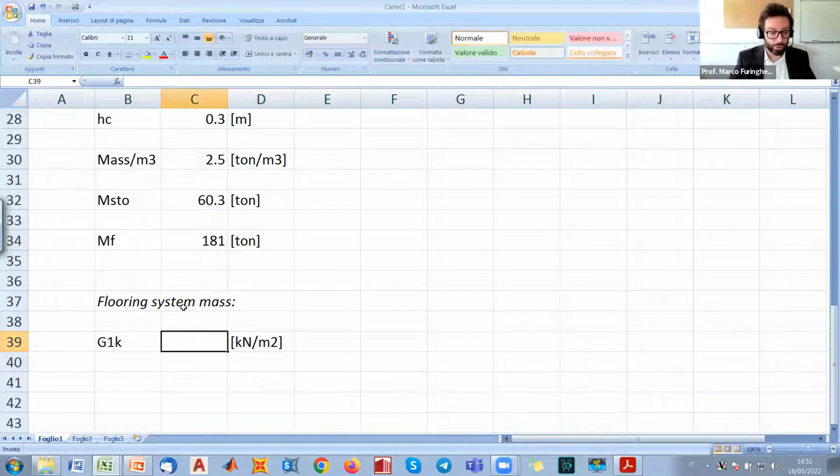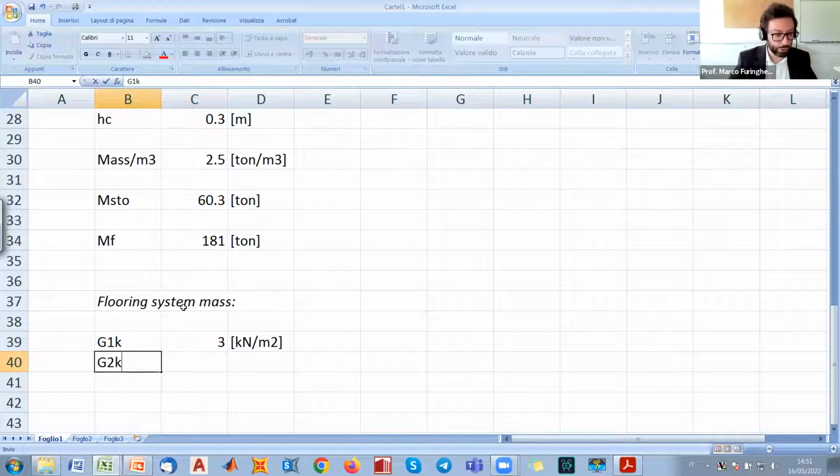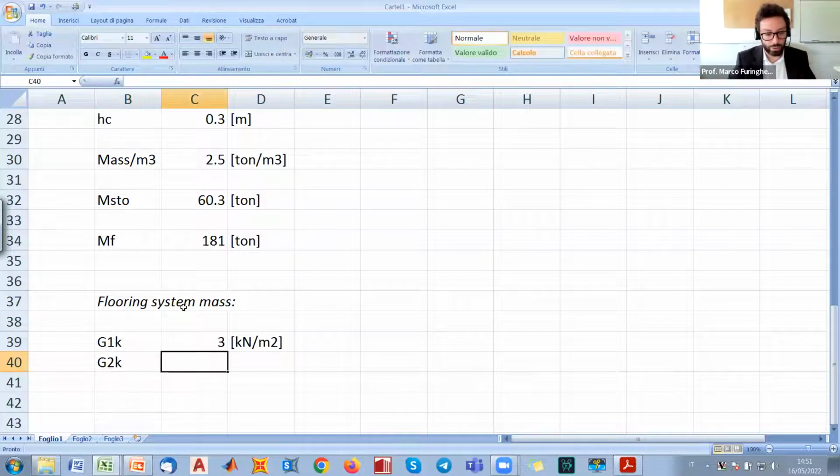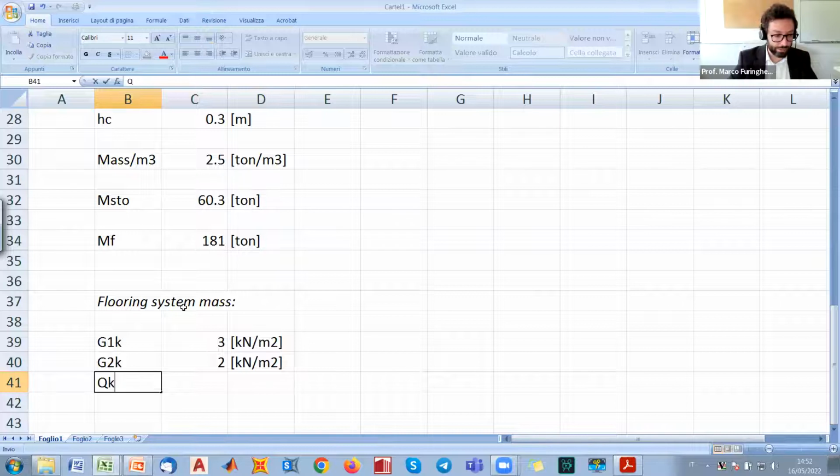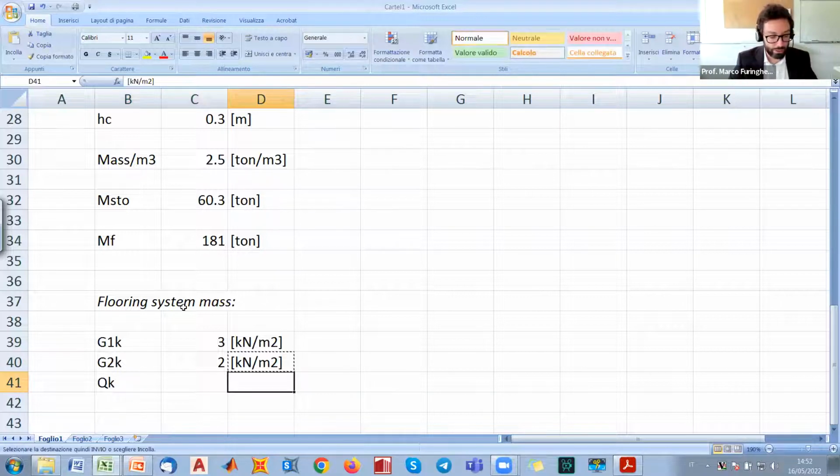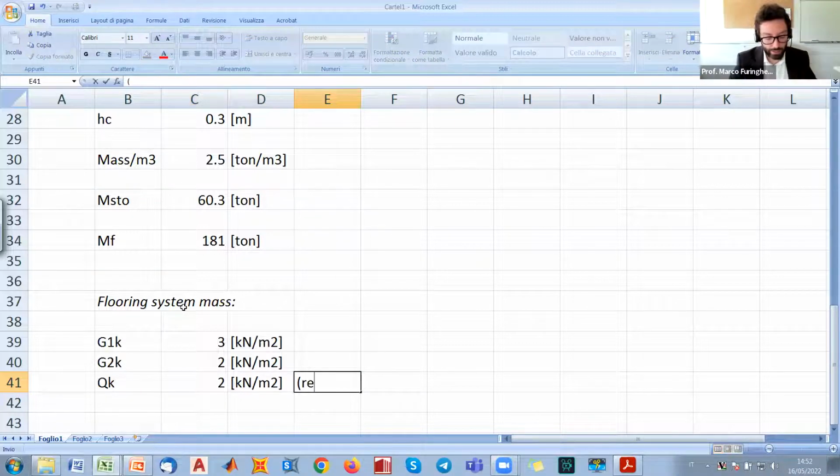And these were 3. Then we have non-structural permanent loads, which were 2. And then we have live load, the characteristic value, same units, kilonewton per square meter, and we have again 2. And this is again for residential buildings.